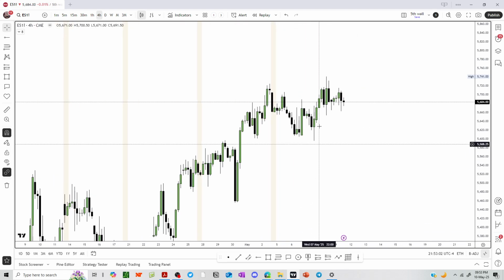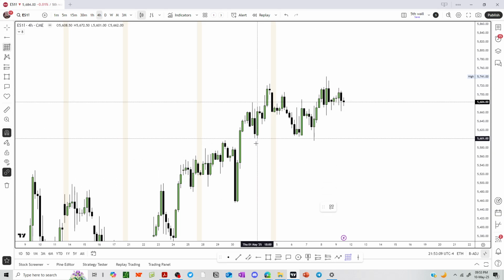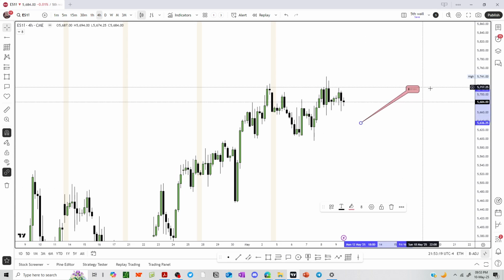Anyway, the 4-hour chart this week looks like it's range bound, right? So first things first, I want to say the narrative is where is price coming from?